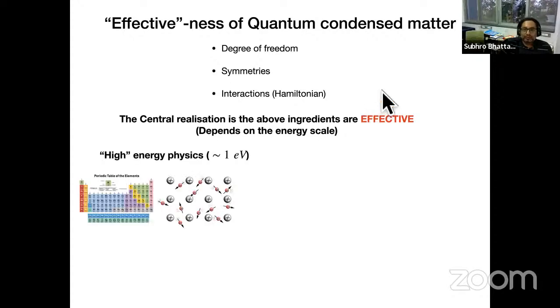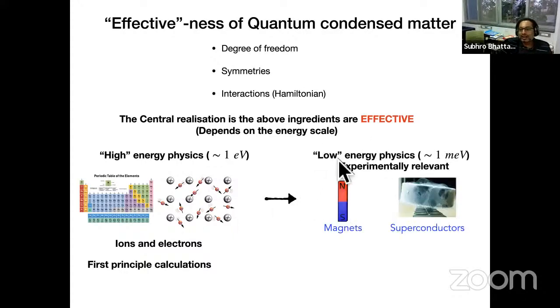In quantum condensed matter, high energy physics, which is at the scale of 1 electron volt or so, we have these different elements and ions and electrons. This is where first principle calculations become extremely useful to provide us with a starting point for thinking about materials.